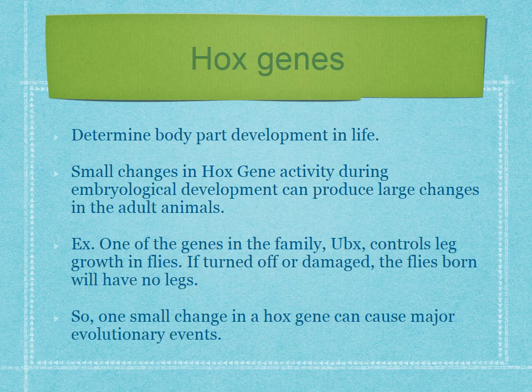If it's turned off or damaged, the flies born will not have any legs. So we see a small change in a Hox gene can cause major evolutionary events. Now in this situation, that fly is not going to survive, it's not going to reproduce. So is it going to affect evolution? Probably not. But we can see how a small change like that, one little gene, can cause significant effects later on down the line.